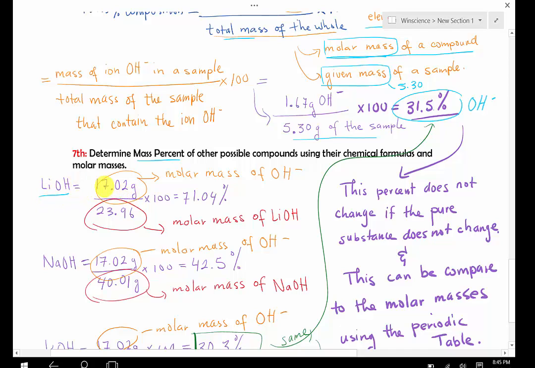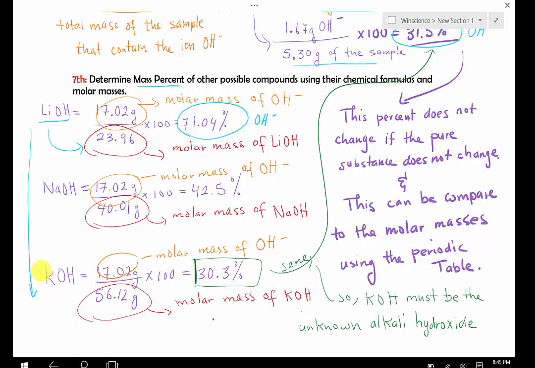The molar mass of hydroxide using a periodic table is 17.02 grams, and the entire compound has a molar mass of lithium hydroxide of 23.96, giving us a percent composition of 71.04% OH minus, or hydroxide. So this is the percent of hydroxide in lithium hydroxide.